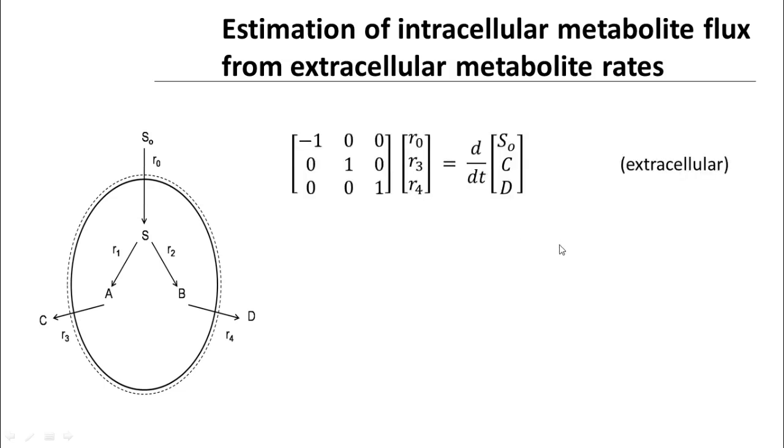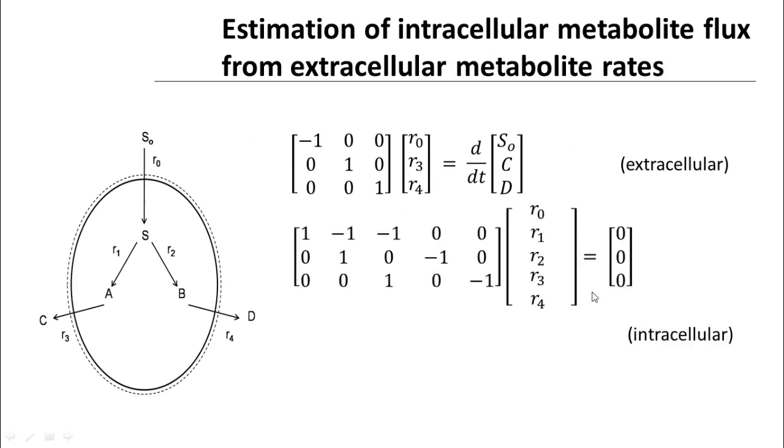We know that the formulation corresponding to extracellular metabolites is this. We had already seen that earlier: -1 0 0, 0 1 0, 0 0 1, times R0, R3, R4. These are the rates that correspond to extracellular metabolites, equal to d/dt of S0, C and D. The equations corresponding to extracellular metabolites have been written in this matrix form. And this is the intracellular one. If S0, C and D can be measured, you can calculate these.